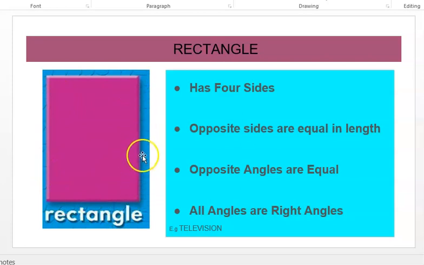That's the only difference between a rectangle and a square. Apart from that, all the angles are equal and they are all right angles. An example of a rectangle is a television set, a TV set. And then you also have some frames, like I mentioned earlier, that are rectangular in shape.